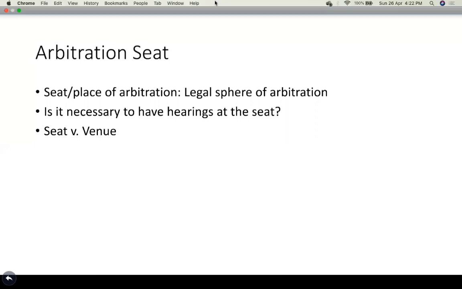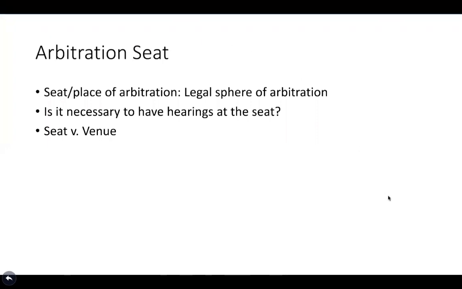If a party wants to get an interim measure or wants to set aside, you move to the seat. However, if the parties decide that the seat is India, they may decide to conduct the hearings outside India, let's say Singapore. So the seat is different. Seat is also called the place of arbitration, but the venue is where the hearing is happening, and the venue does not have a bearing on the arbitration. So that's about the arbitration seat.